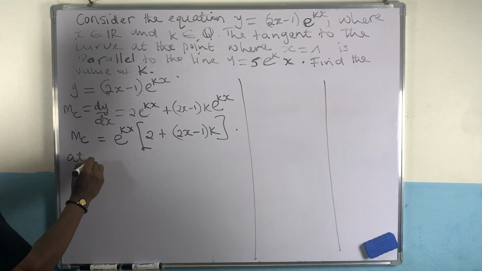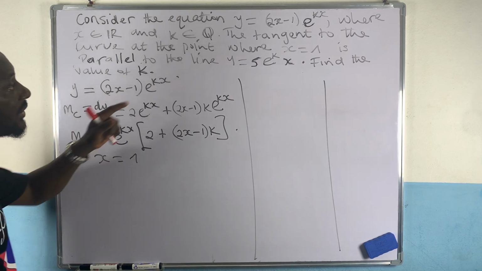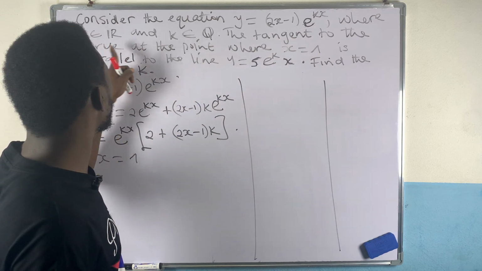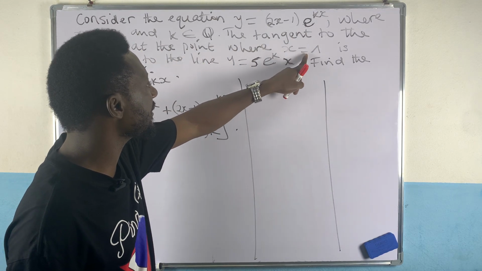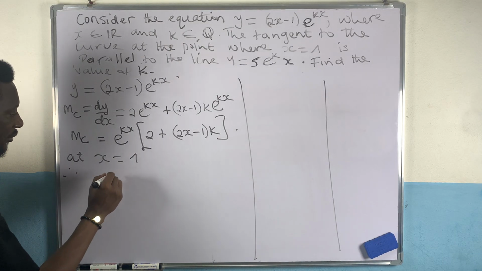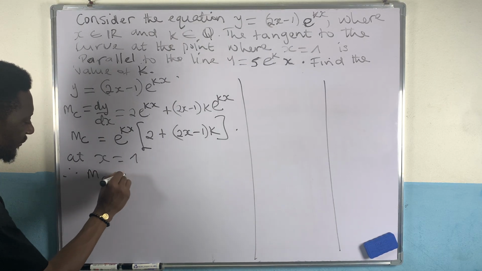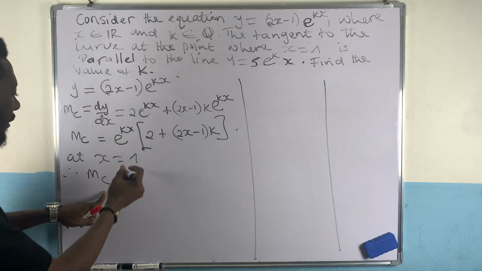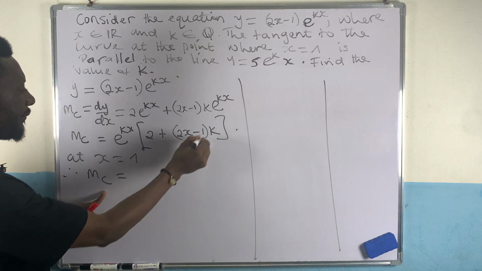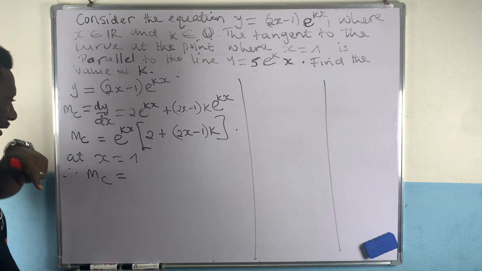At x equals 1, the gradient of the tangent to the curve, mc, is found by replacing x with 1 everywhere in this expression.